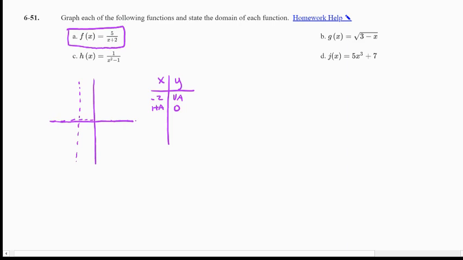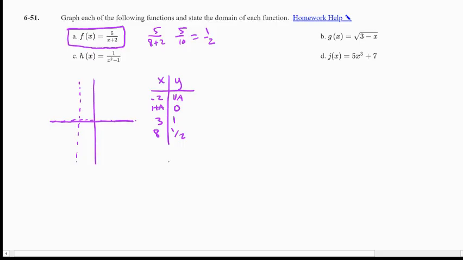So now I'm just going to plug in some nice points that give me whole numbers. First one I'm going to plug in is 3, because if I plug in 3, I get 5/5, which gives me my y value of 1. Then the other point that I will choose would be 8, which becomes 5/10, which is 1/2.